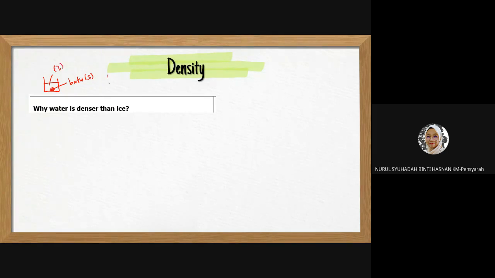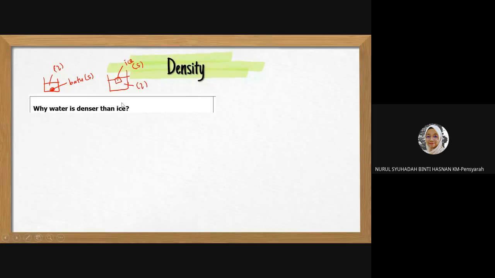Tapi kalau kita ada air dan kita ada ice. Okay, so ini ice. So ice adalah solid. Okay, water adalah liquid lah. Okay, kenapa ice, which is a solid, floats in water? Okay, so kita kata dekat sini kenapa water is denser than ice.